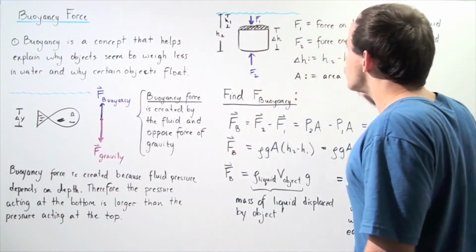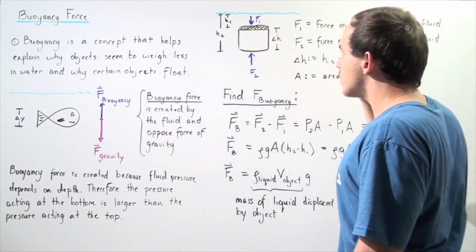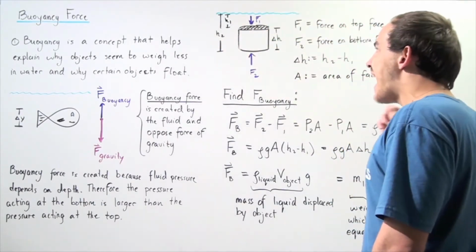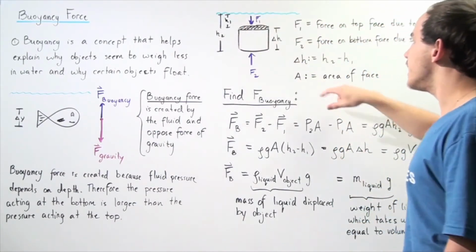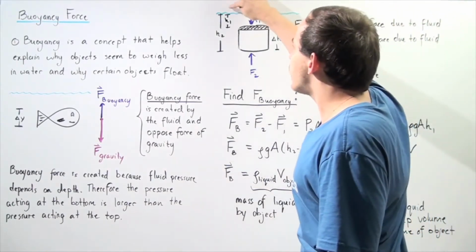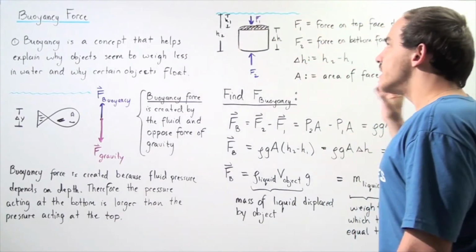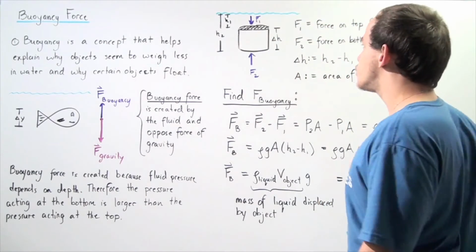So let's suppose that we have the following water level, and inside the water we have the following three-dimensional cylinder that has a cross-sectional area given by the capital letter A. The distance from the top of the fluid to the top of the cylinder is h1. The distance from the surface to the bottom of the cylinder is h2.